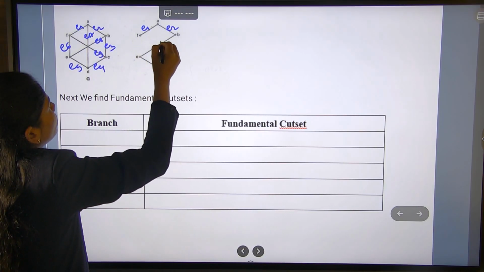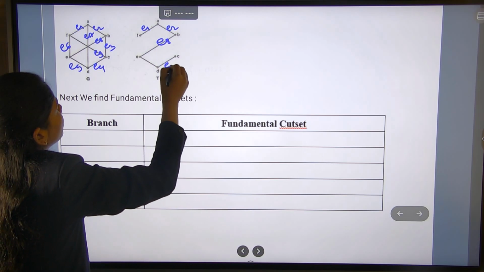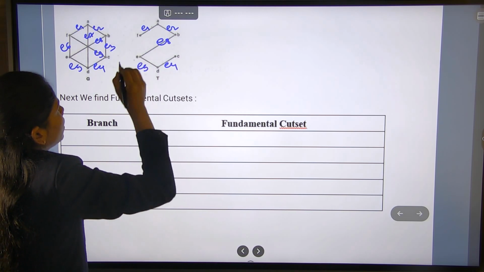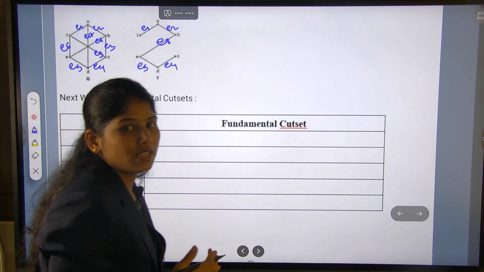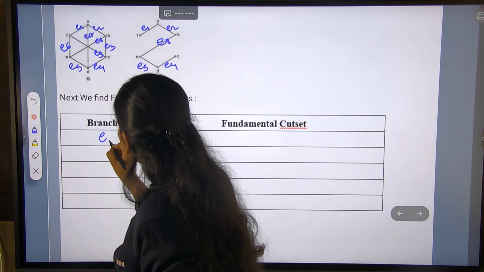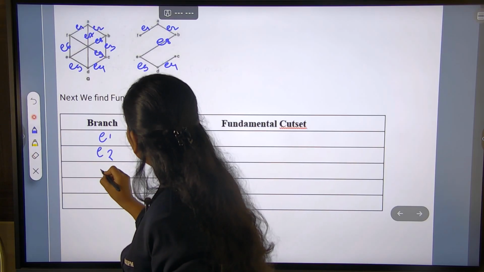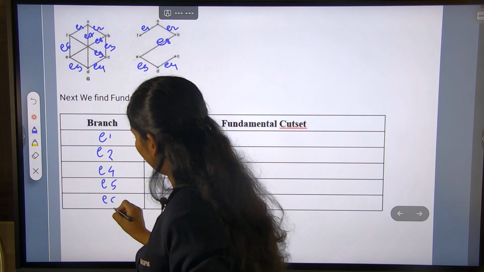E1, E2, E8, E4, E5. So we require the branches. Branches means what? The edges that are present in the spanning tree. So write down those edges: E1, E2, E4, E5, E8.